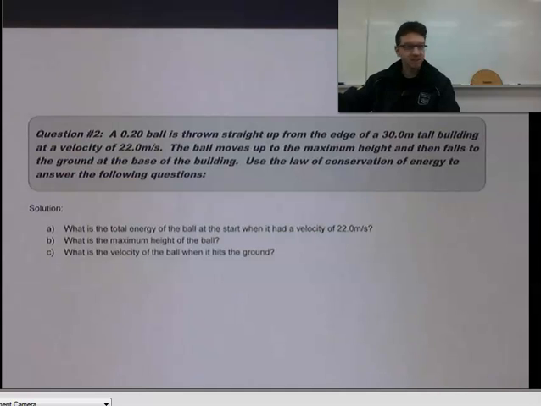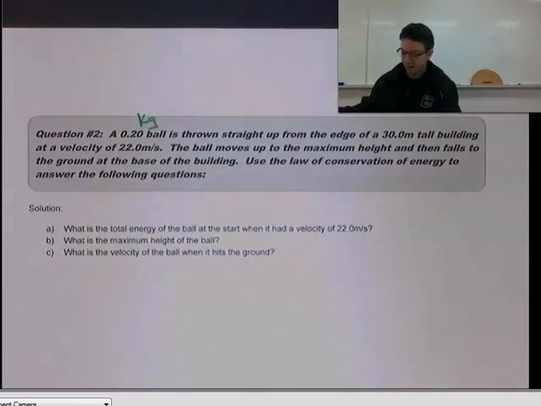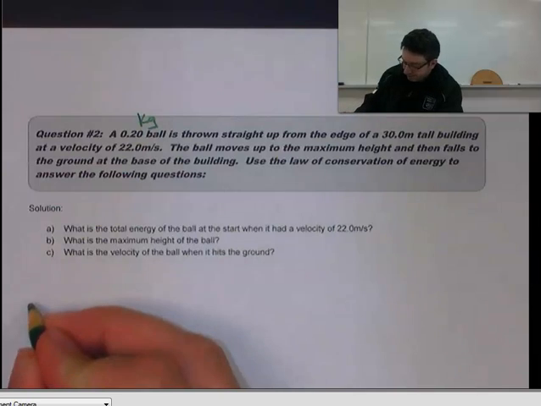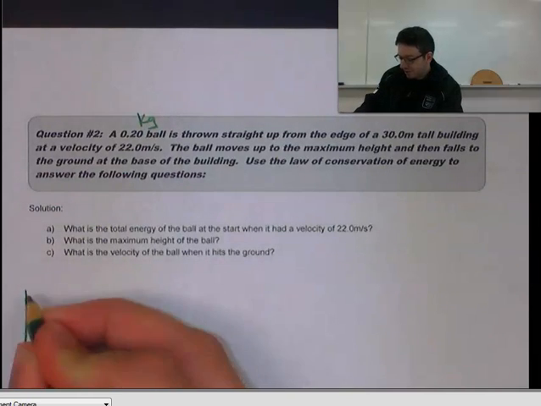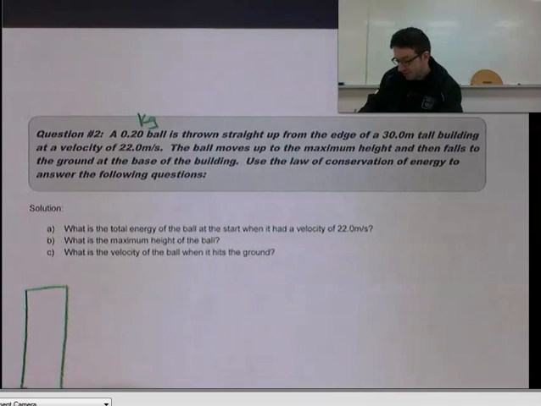So question 2 says, a 0.20 kilogram ball is thrown straight up from the edge of a 30-meter tall building at a velocity of 22 meters per second. Let's draw that. It's always important to draw what's happening so you get a more visual understanding.